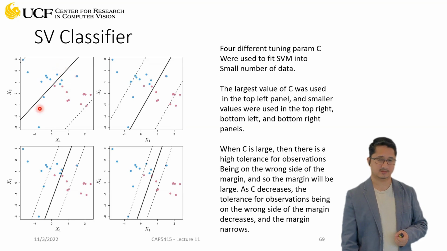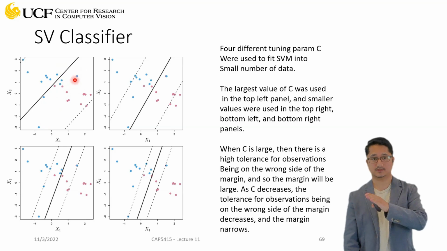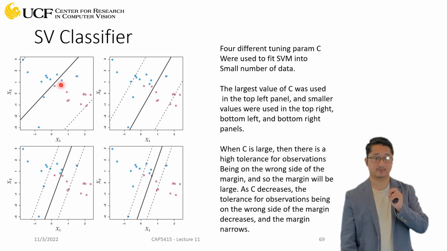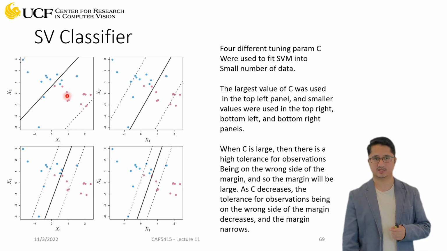In that case, this is the decision boundary which is learned. This looks fine, but there are a lot of these blue dots over here which are on the wrong side of the decision boundary. And if you pay attention to these blue dots, none of them are on the right side of the support vector. All of them are on the wrong side. And the same is the case with the purple ones.